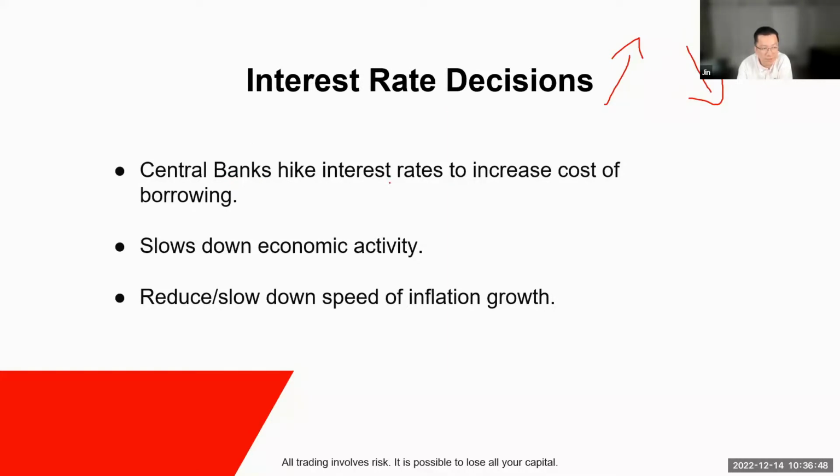Central banks hike interest rates to increase the cost of borrowing, right? So imagine now that US interest rates is at 4%. They might be increasing it to 4.5%. Now, if you're looking to buy anything on a loan, in terms of borrowing, then the repayments have gone up from 4% to 4.5%.